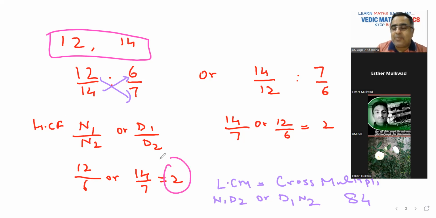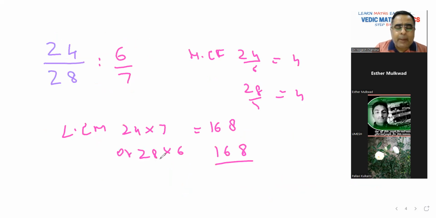And the LCM is cross multiplication, either N1 and D2 or D1 and N2. This is how we solved 2 numbers.